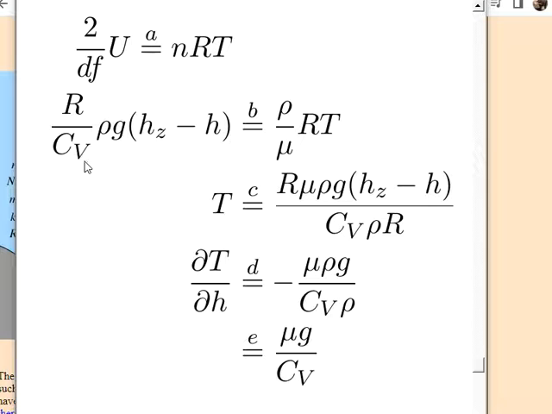And then I replaced U with the internal energy, which is rho g times h sub z minus h. So as h decreases, the internal energy of the gas increases, and it's proportional to the density of the gas times gravity.